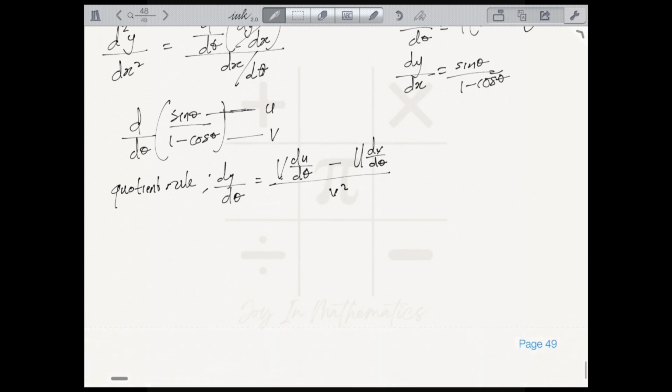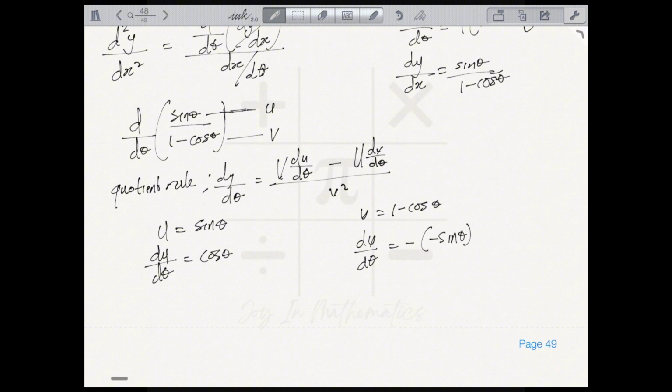So let's simplify further. Our u is sine theta and our v is 1 minus cos theta. du/d theta, that's differentiating sine theta, will give us cos theta, and dv/d theta will give us minus into minus sine theta, and that is sine theta.